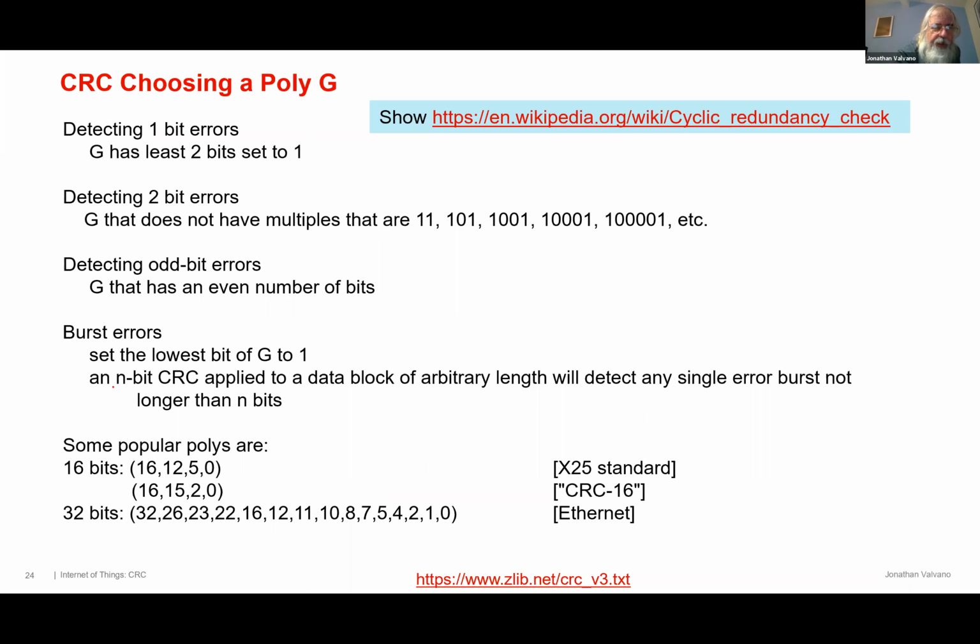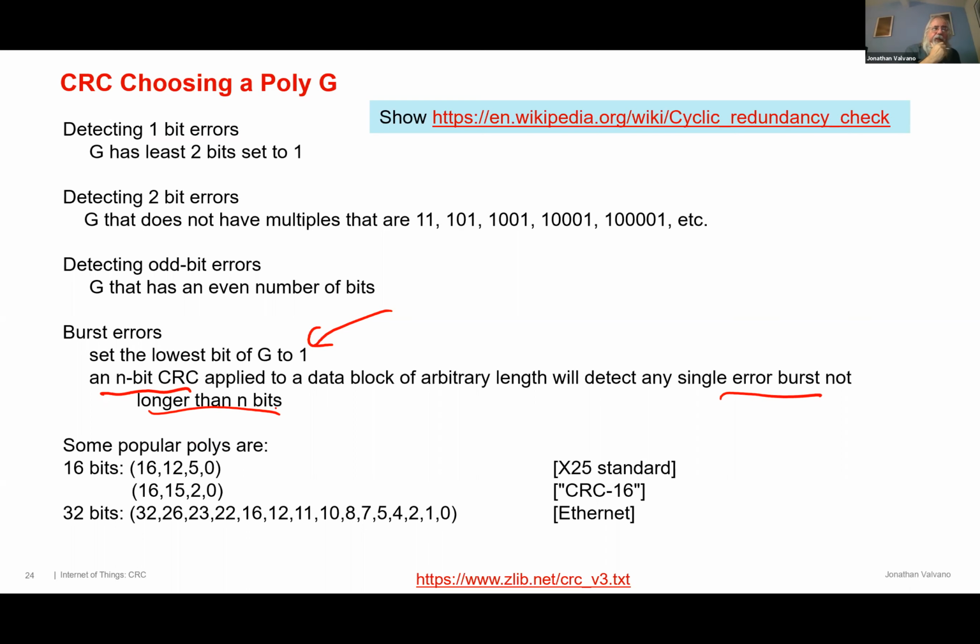If the 0th bit of the polynomial, where G is the polynomial, is a 1, then a 32-bit CRC can detect an error on a burst length of 32 zeros.